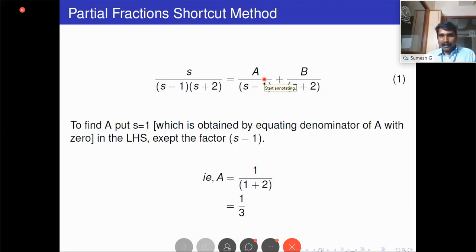To find A, we have to substitute s equal to 1. s equal to 1 is obtained by equating the denominator of A to 0. Here the denominator of A is s minus 1, which is equated to 0. And that value of s is substituted in the LHS except the factor s minus 1.